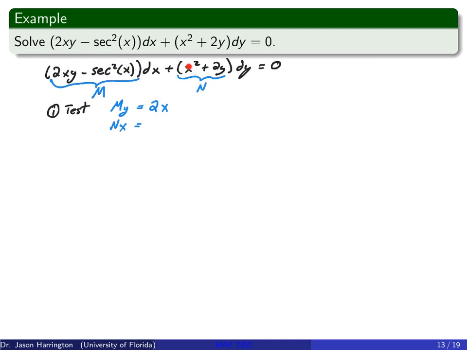Now if I go over to this side and take the derivative of N with respect to x, the derivative of x squared is 2x, right? And then the derivative of 2y, there's no x's there, so that's just going to be 0. And luckily, these two things are the same. So that means it is exact.